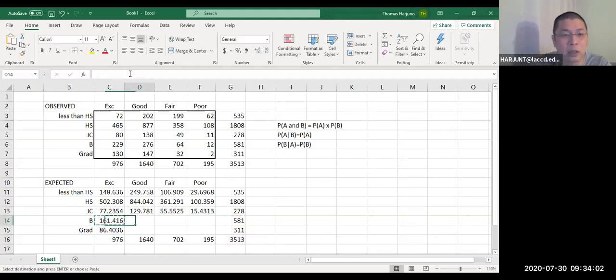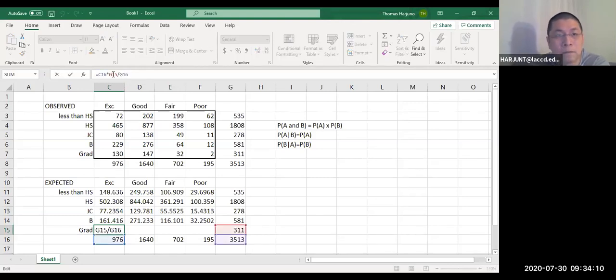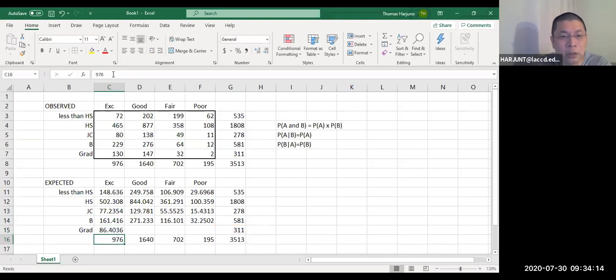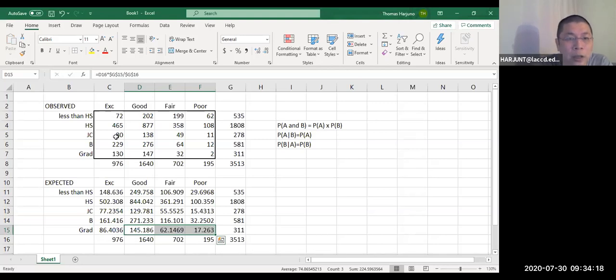You need to know some Excel to do what I do here. I can do it a lot faster with other types of coding. That's why please get to know Excel. It helps a lot in statistics. Okay, then this is my expected.